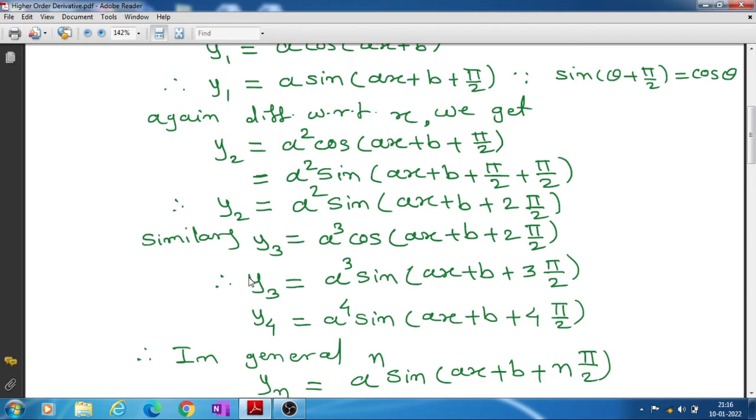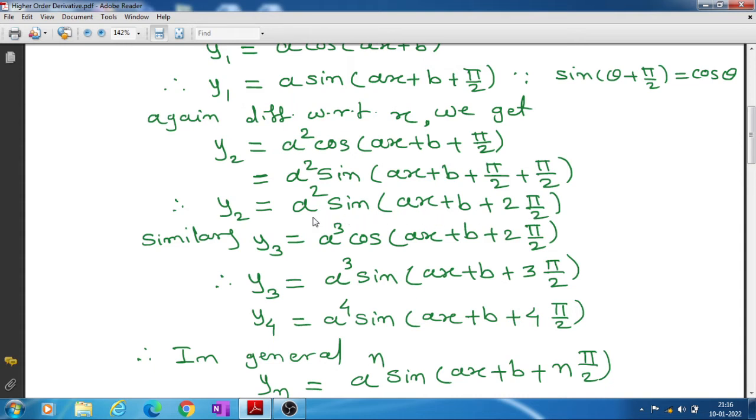Similarly, for the third derivative, if we differentiate this y2 with respect to x, then we get a² as it is, and the derivative of sin is cos(ax + b + 2π/2) into, again, the derivative of this bracket, which is only a.